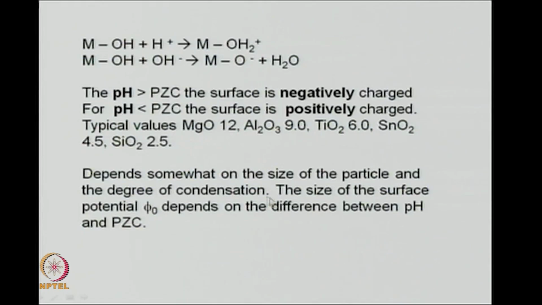All this will control the degree of condensation, and the size of the surface potential phi naught will depend on the difference between pH and PZC. This PZC will depend on the size of the particle and the degree of condensation.